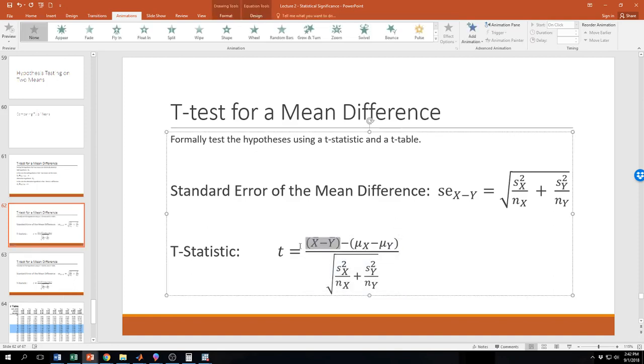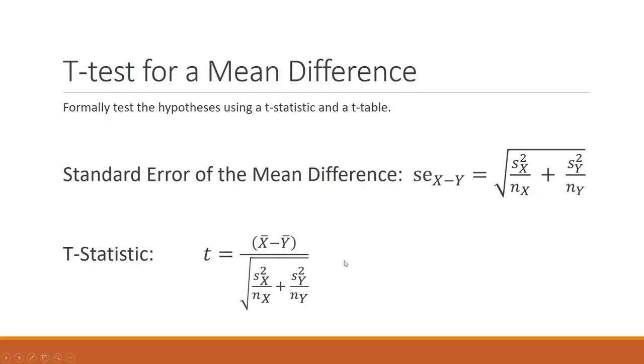So we take the difference in means minus our null hypothesis divided by the standard error of the mean difference. I'm going to show that in just a second. But we know that our null hypothesis is that the difference between the means is actually 0. So we can just delete it. It's not actually there. That's why I had this here in the beginning, but now I've illustrated it. So it's the difference in the means divided by the standard error of the mean difference.